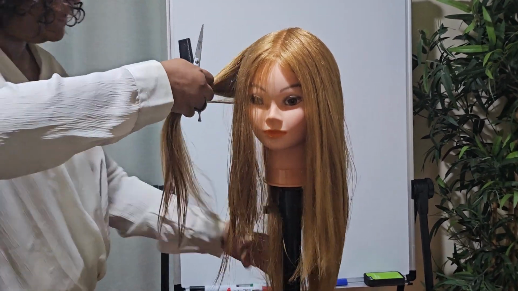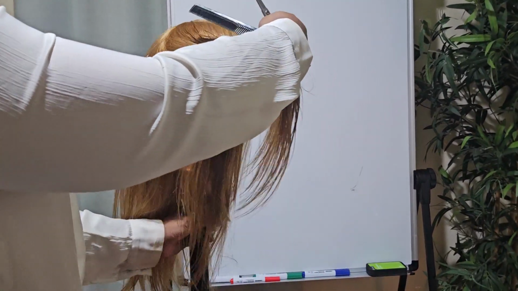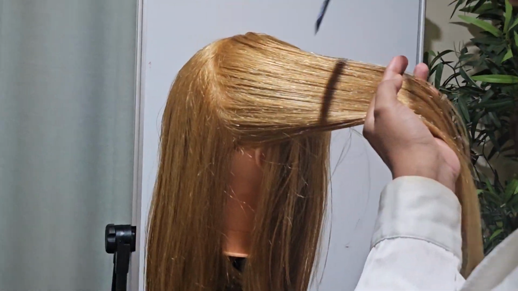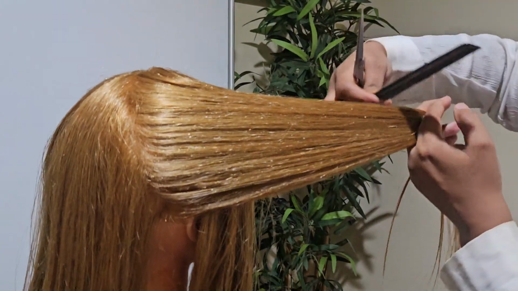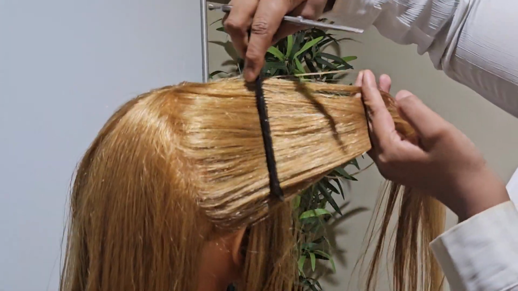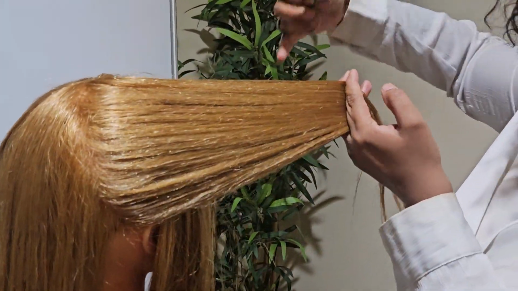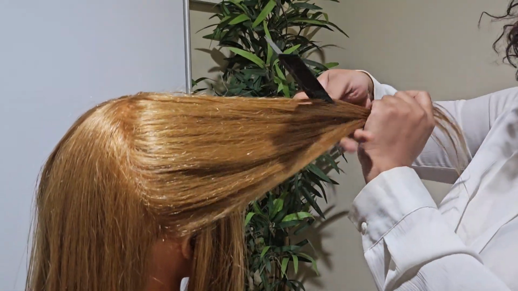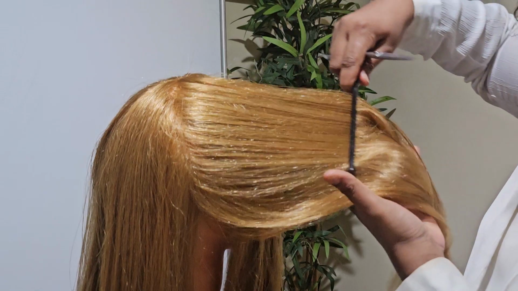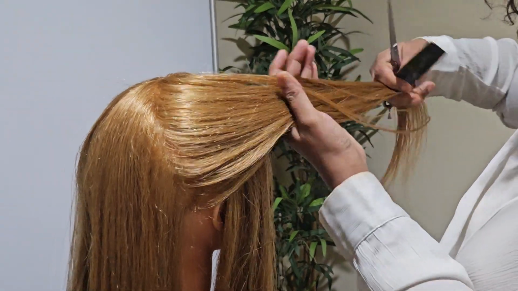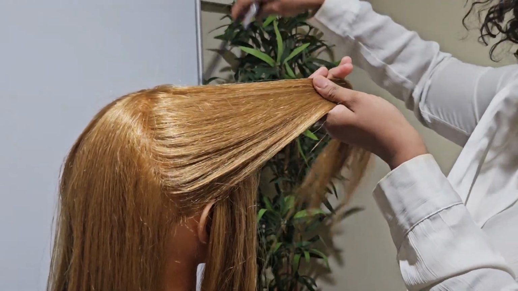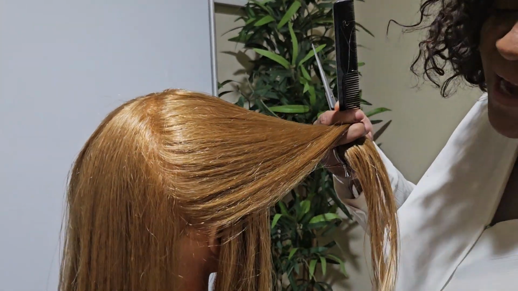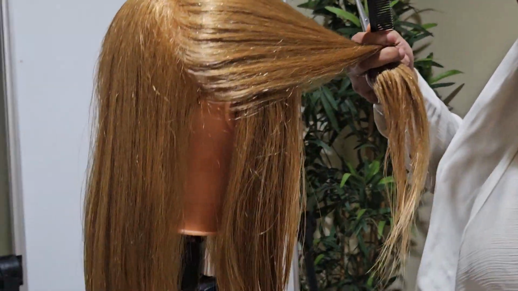So if I take this section, can you see? I'm going to go this way. Yes, I'm taking this section parallel to the parting. But see, look, I'm going to take this section completely over directed. So my cutting movements have to be over directed because it has to blend to this level, right?